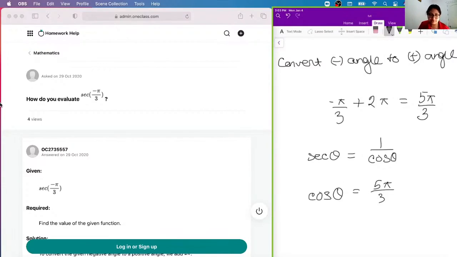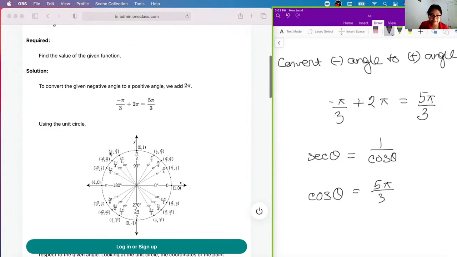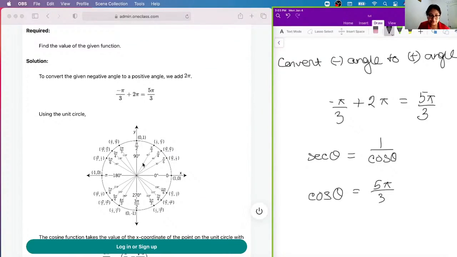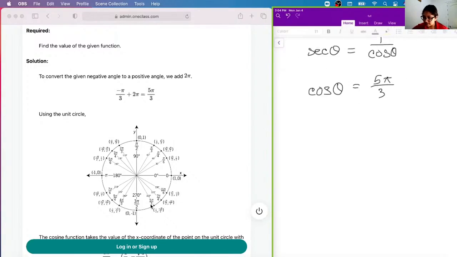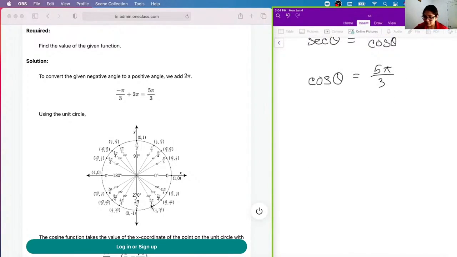If we have this unit circle here, from this unit circle we can evaluate 5 pi over 3. If you look over here, it's in the fourth quadrant. 5 pi over 3 is basically 300 degrees, and that is in your fourth quadrant. And in the fourth quadrant, cosine is positive.